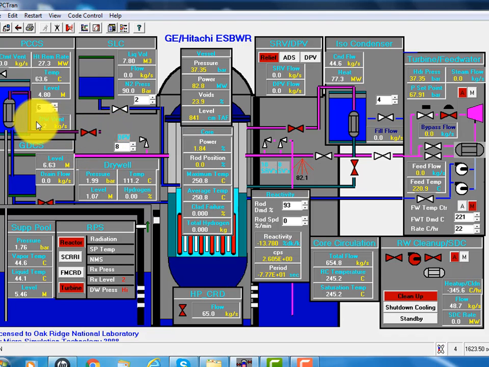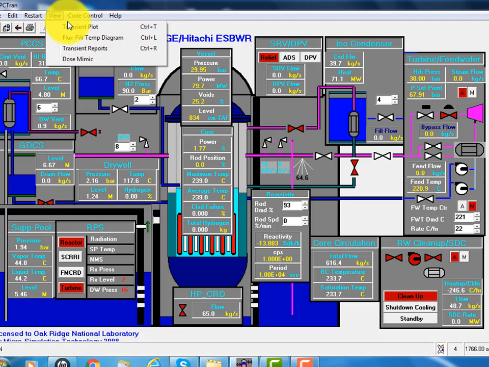So the steam will go into the heat exchanger inside the pool and condense and drain into another tank called the gravity drain cooling system, and return to the vessel. Okay, so that way it decreases the pressure inside the dry well.